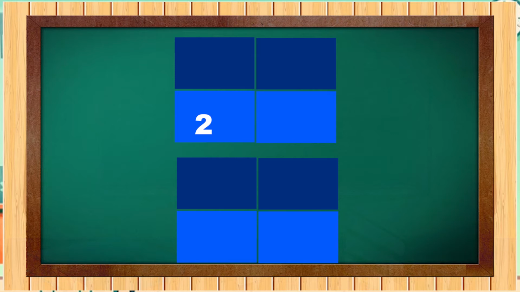Above that, we write 4. Let's go down to the bottom right hand corner. Let's write 6 in that box. In the box above that, we will write 8. At the side of the box on the right hand corner, we will write 0.